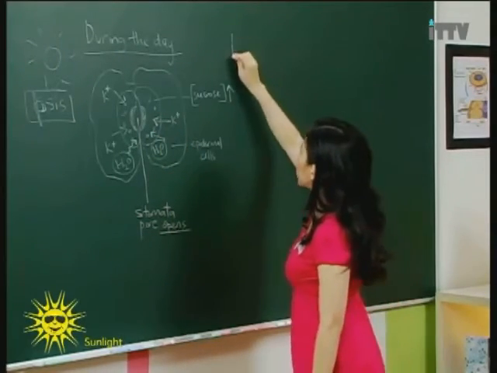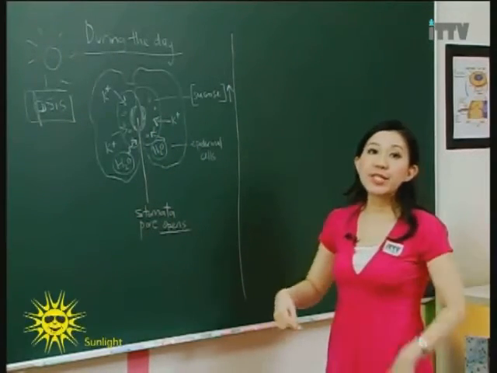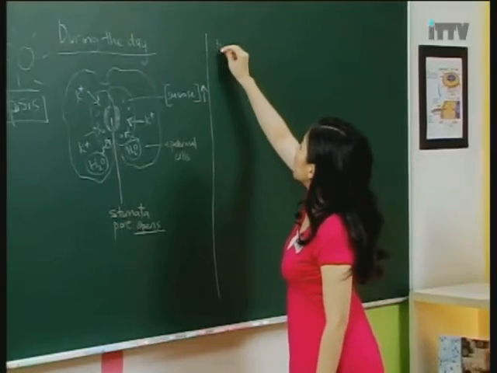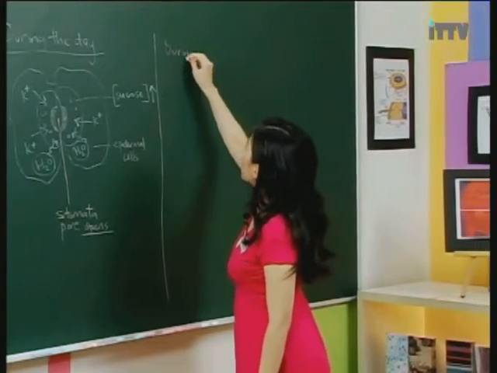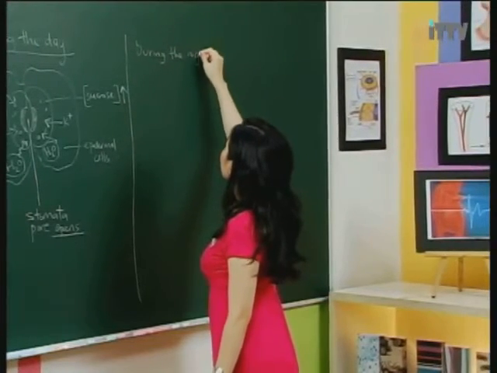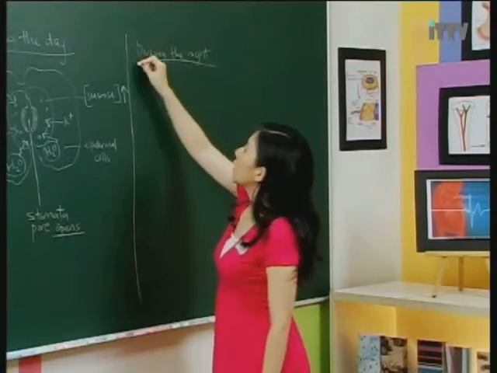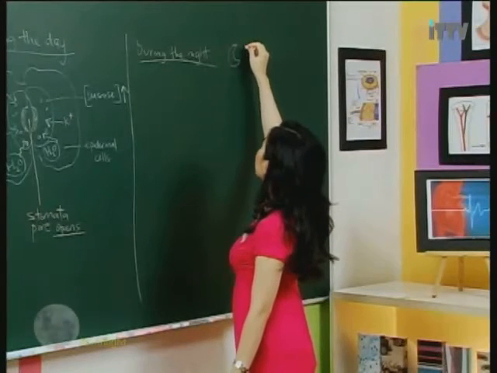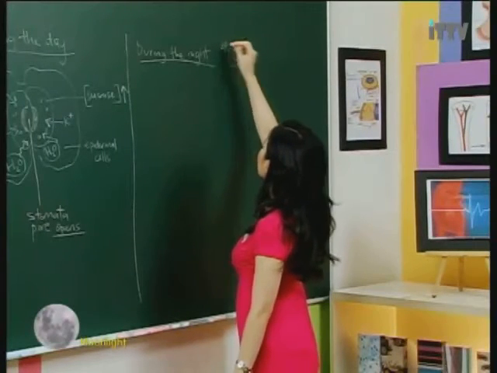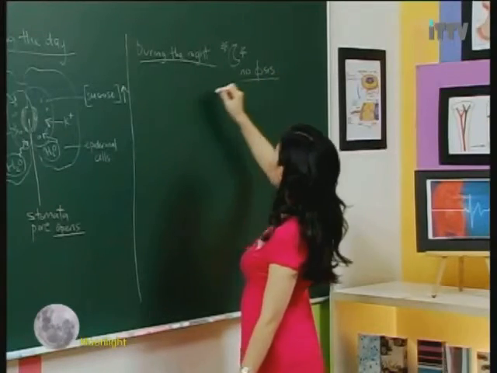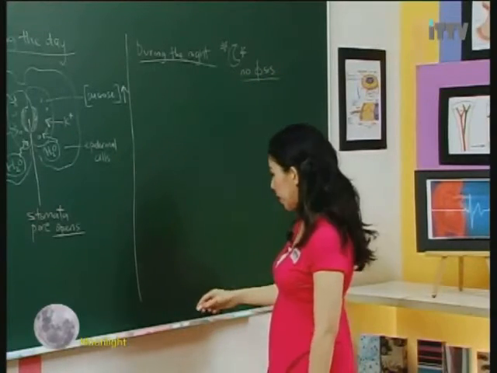Now, what happens during the night time? So let's have a look. Okay, during the night, of course, no sunlight, only the moon, right? So there is no photosynthesis, no sucrose.